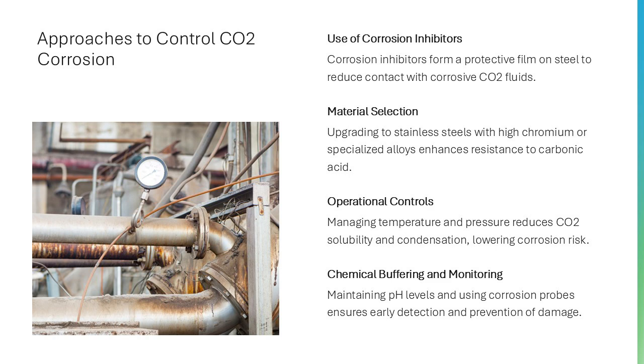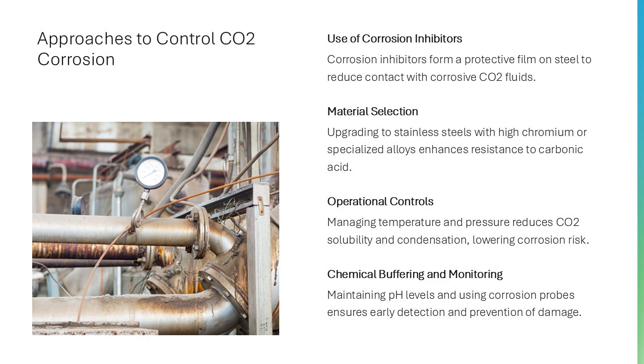Material upgrades, such as employing stainless steels with chromium content greater than 13% or using specialized alloys, provide inherent resistance to carbonic acid environments. Operational controls, including managing temperature and pressure to minimize condensation and CO2 solubility, can also reduce corrosion risk. Additionally, maintaining optimal pH levels through chemical buffering helps limit acidity.